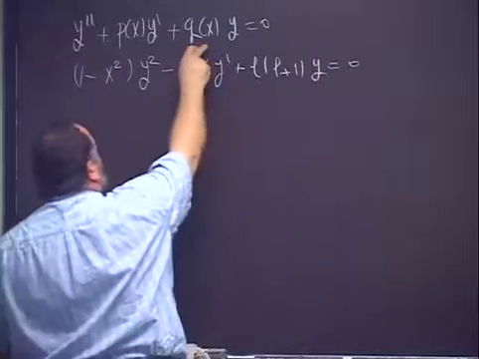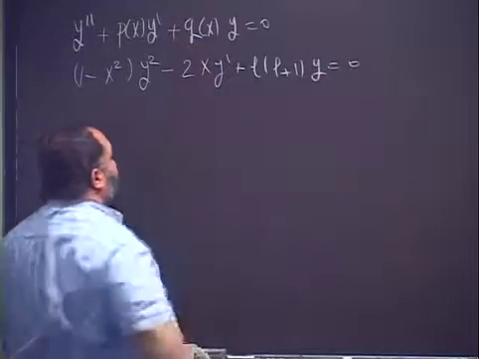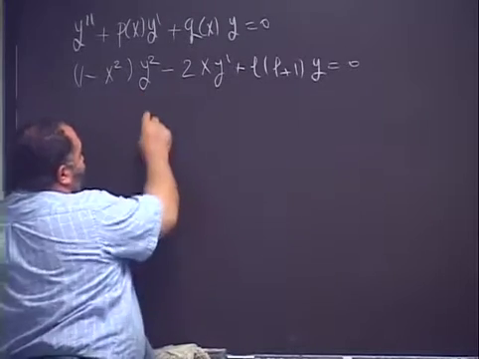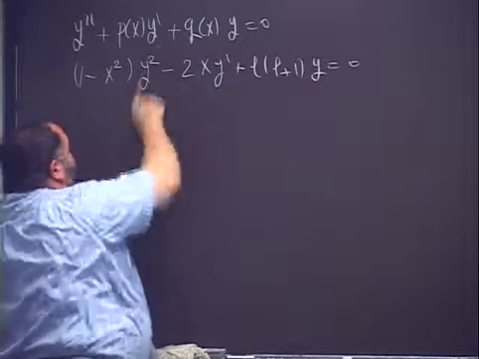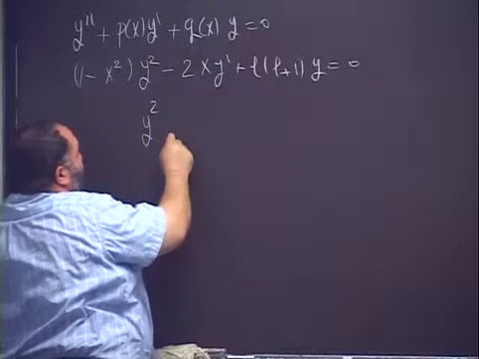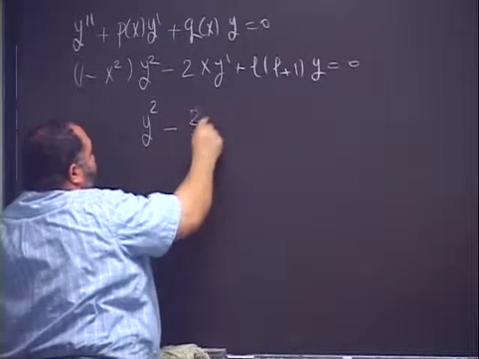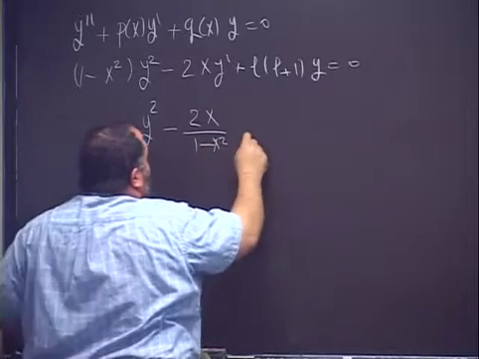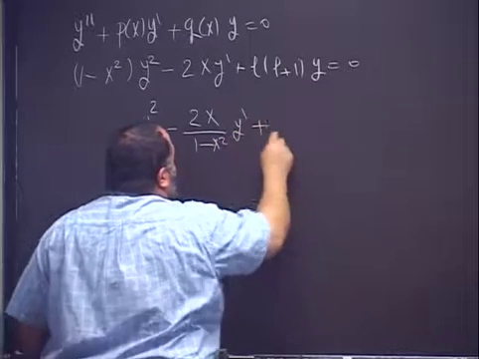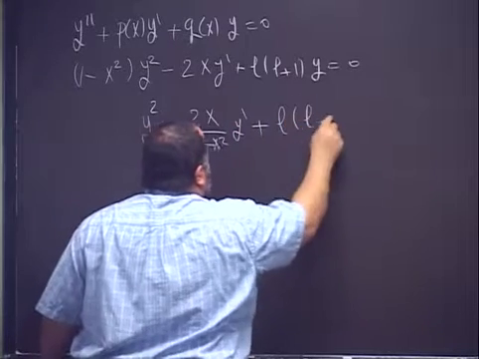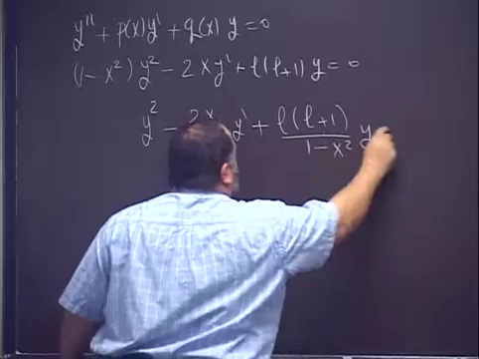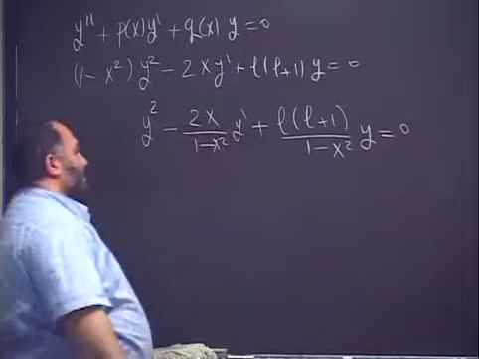This is the general form of the second order differential equation, and this is the Legendre equation. To transform it to the general form, we divide by 1 minus x squared. So this is y double prime minus 2x divided by 1 minus x squared multiplied by y prime plus L multiplied by L plus 1 divided by 1 minus x squared multiplied by y equal to 0.